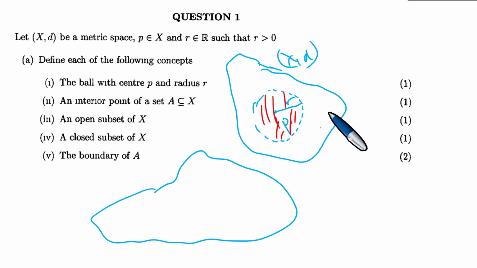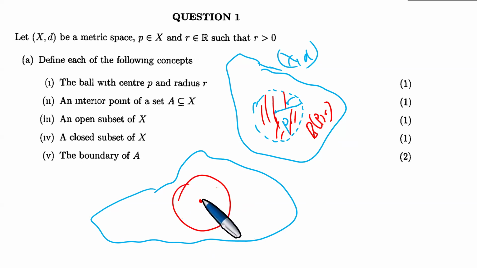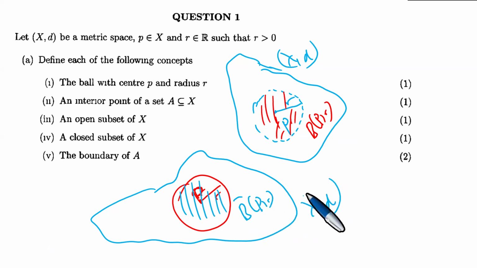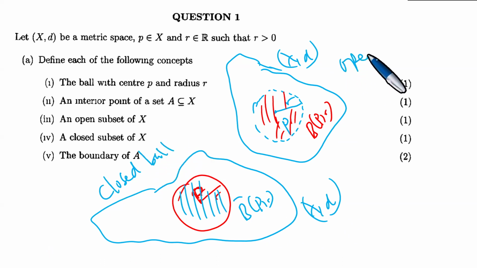So this one is going to be the open ball, B of P, R, and this is going to be the closed ball, B bar of P, R, X, D. So this B bar is the closed ball, and that is open.